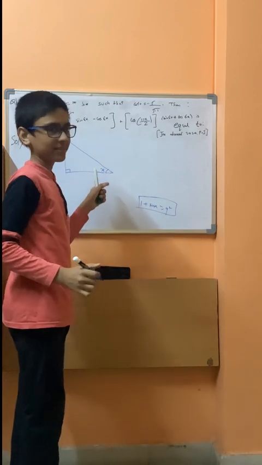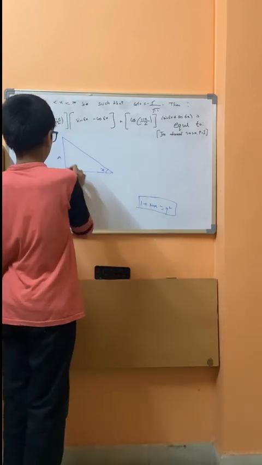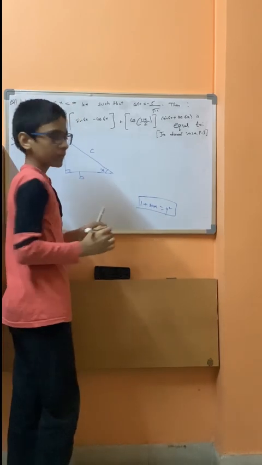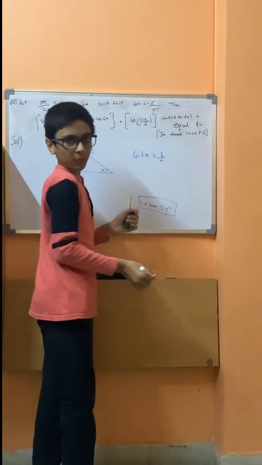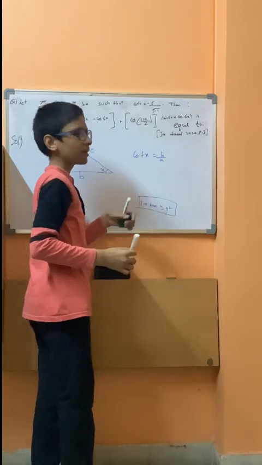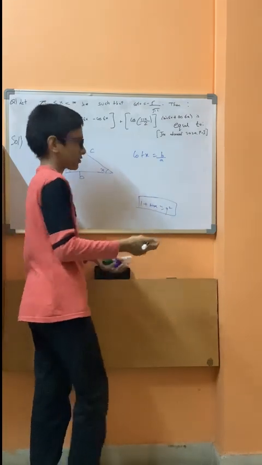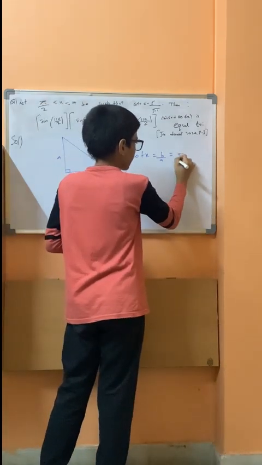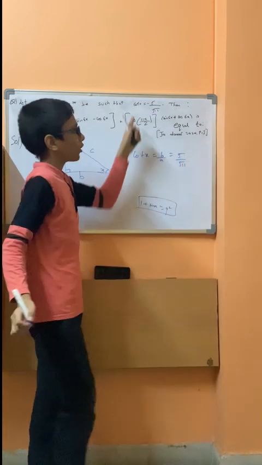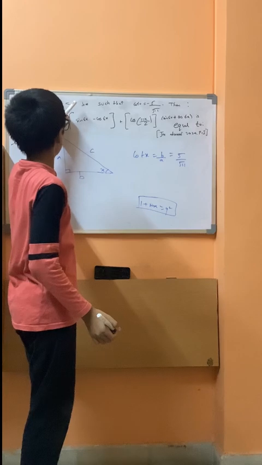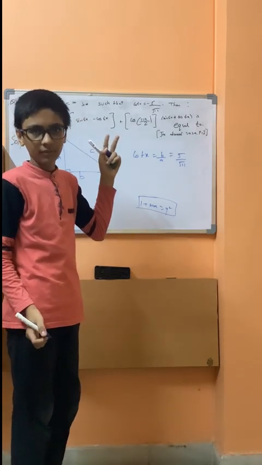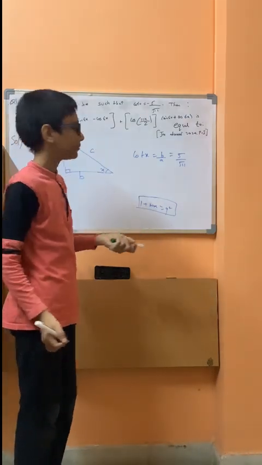So if this is a, b and c, so cot x will be b by a, which in the problem is given to be minus 5 by root 11, but as sides cannot be negative, we take modulus of them. And cot x is negative because sin x is positive and x belongs in the second quadrant. So cot x is negative.